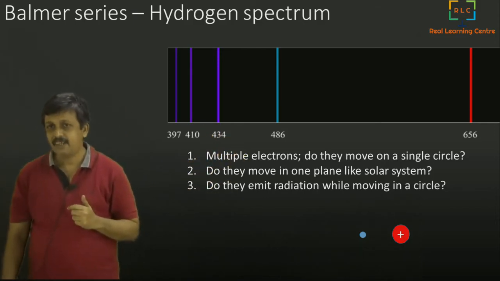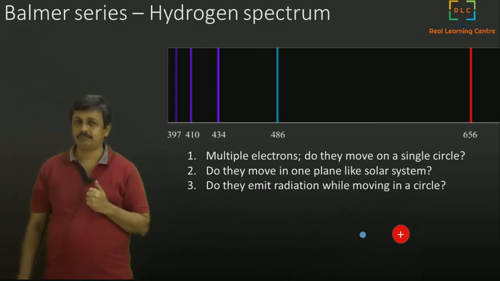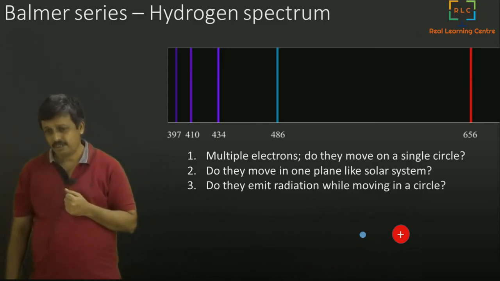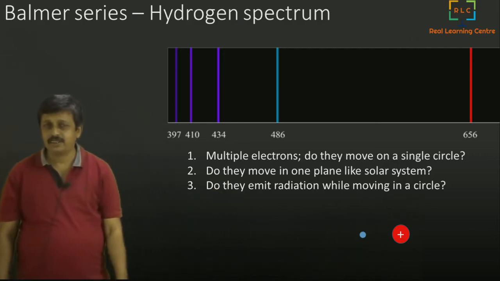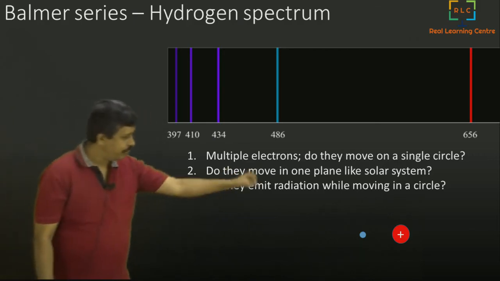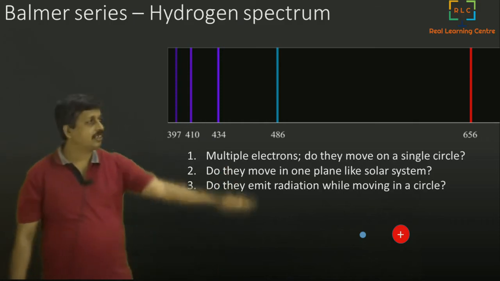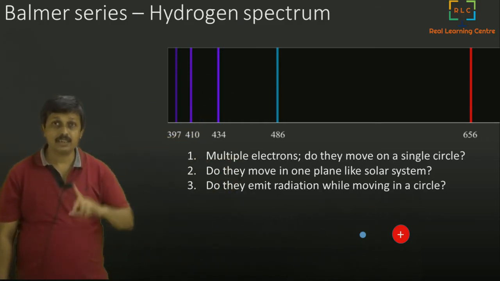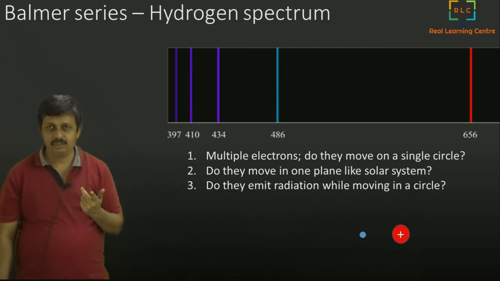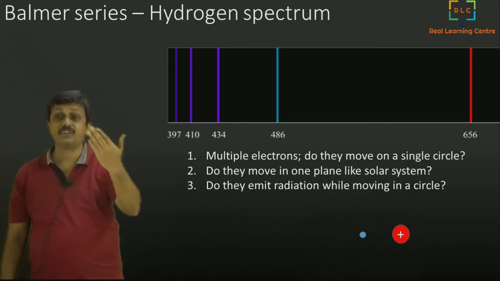However, there was one serious problem. You have an electron and you have a nucleus. The electron, let us say, is going around in a circle and emitting that red light. When it is doing that, it is losing energy. How long can it keep losing energy?